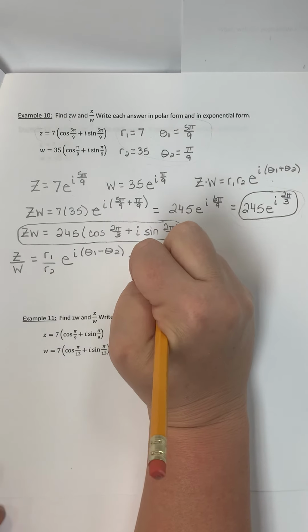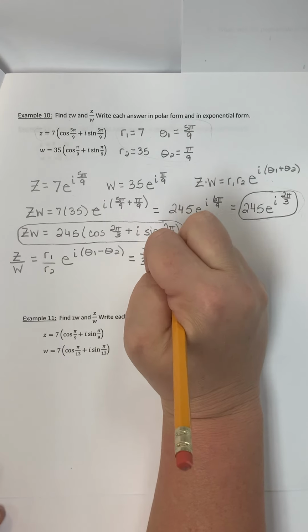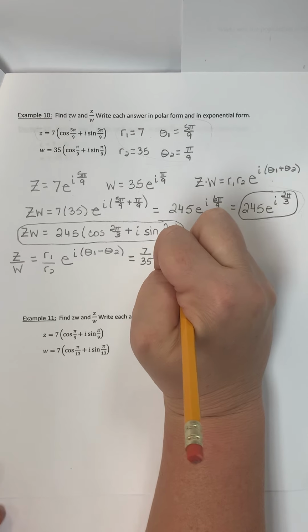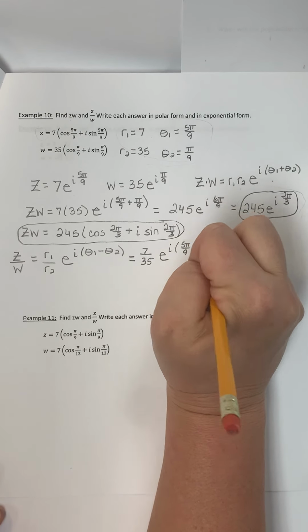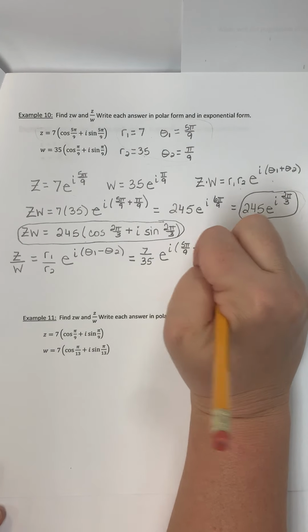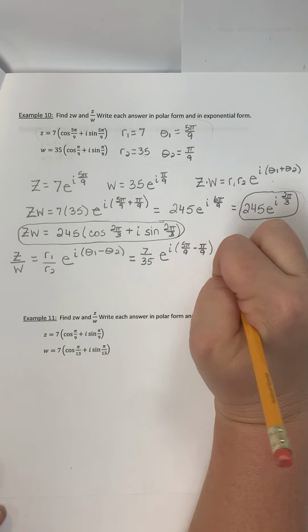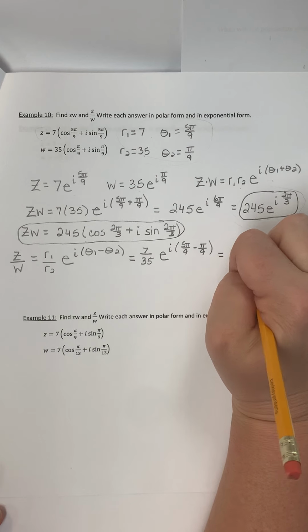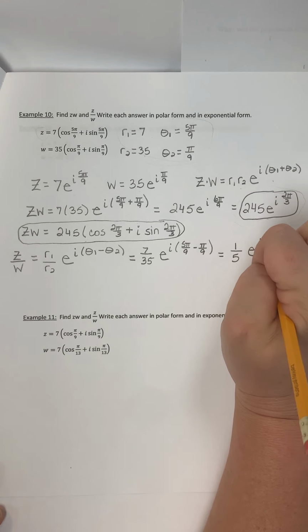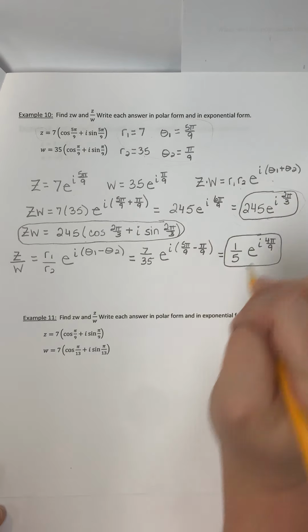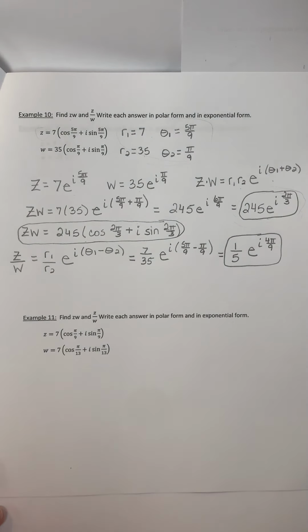We'll have to reduce that in a minute. e to the i, then we're going to have 5 pi over 9 minus pi over 9. 7 divided by 35 is 1/5 times e to the i, 4 pi over 9. There's our exponential form of z divided by w.